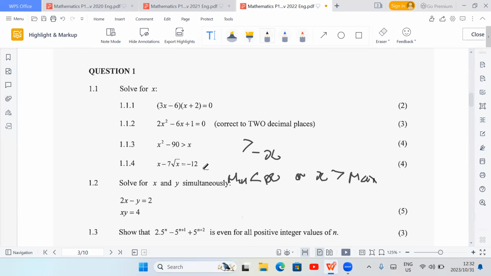And then here, for this one, you would try to take this out as what? So you have X, and then this will come out as 7X to the power 1/2. Then you take this 12 to this side, and equate to 0. So this is still quadratic in a way, because remember, the way they did it is that the one in here, this is 1, and then this is the half of 1.